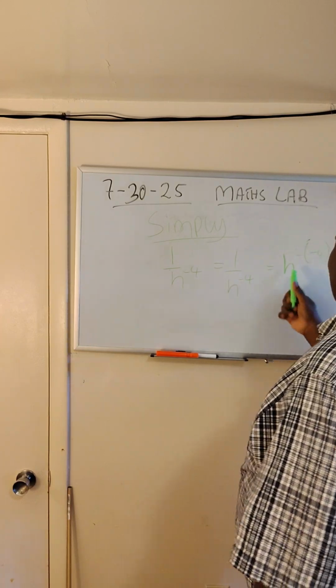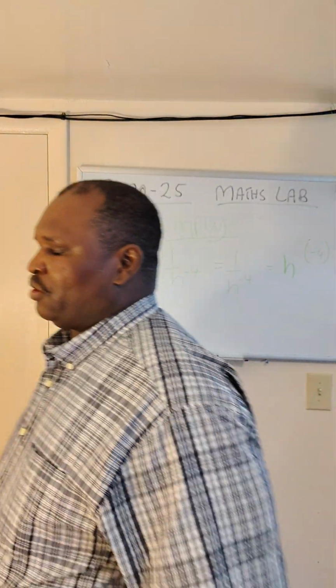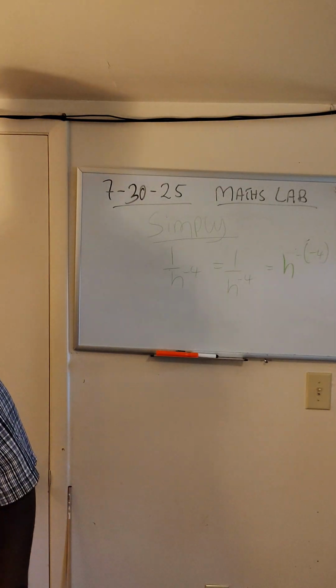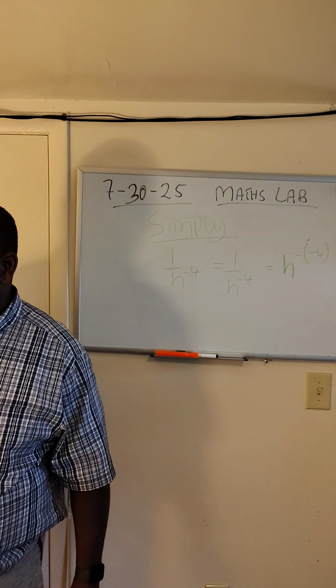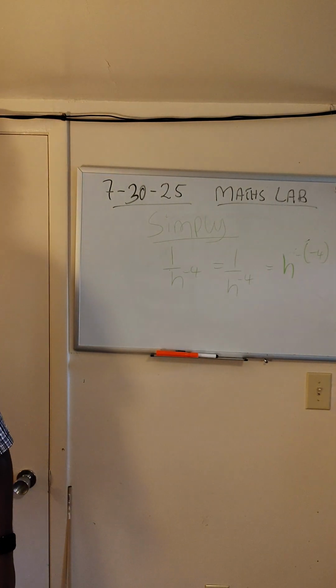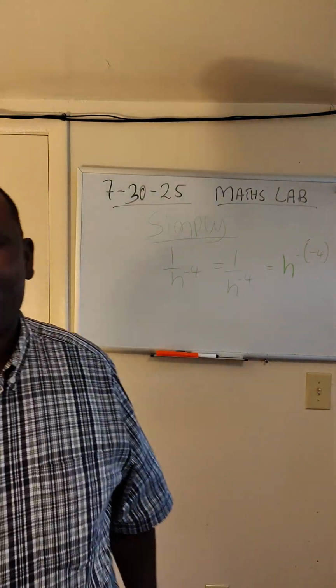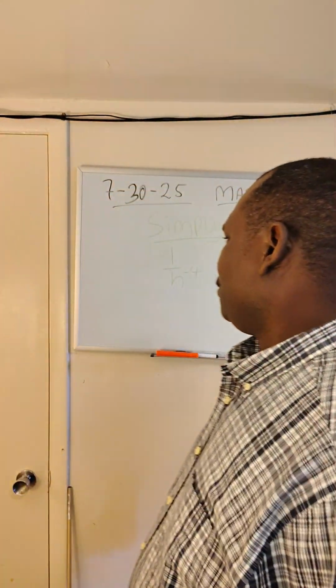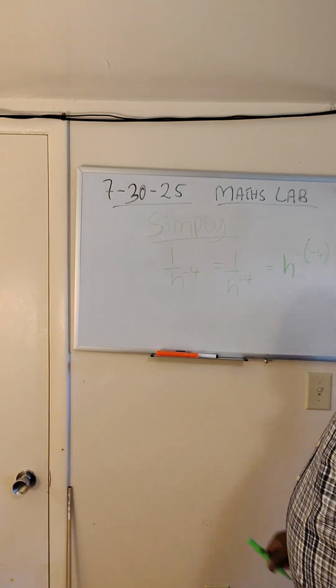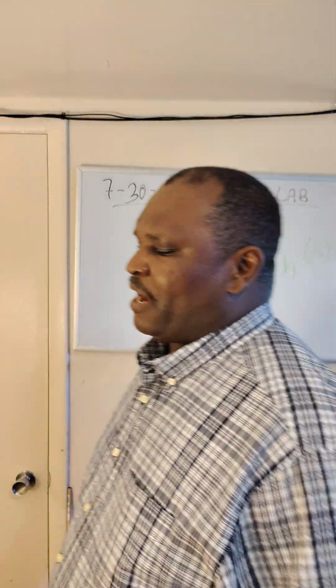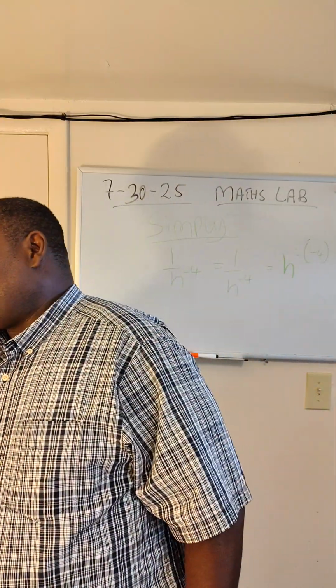So there's an invisible negative 1, but we're not going to write it there, so we're just going to assume there's a negative 1 there, which is invisible. And so now that negative 1, we're going to multiply by negative 4, which is the coefficient given for h.